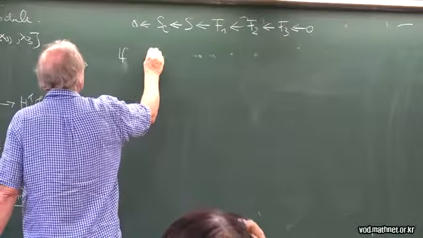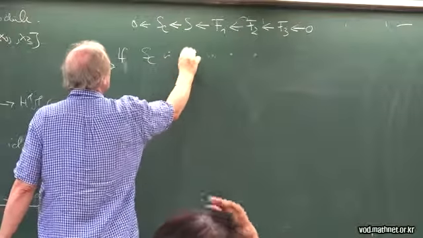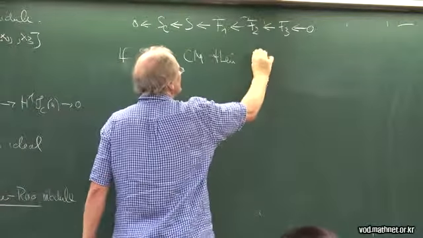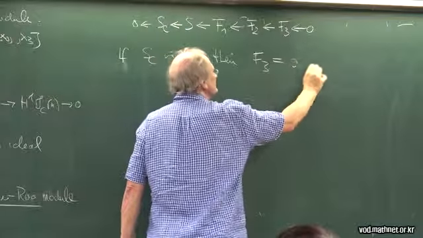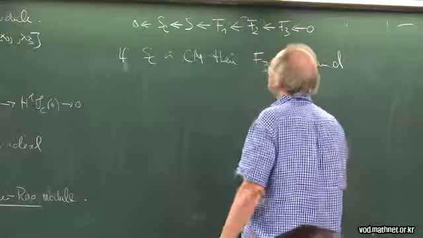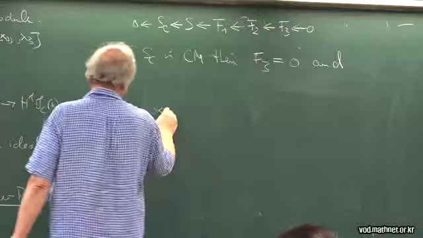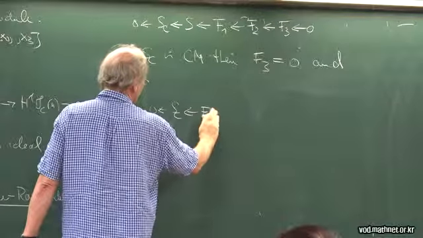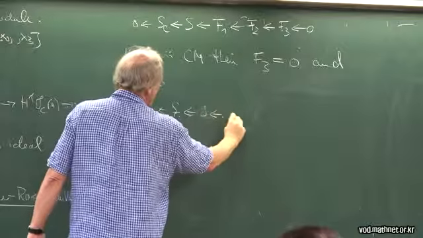If S_C is Cohen-Macaulay, then F3 is equal to 0, and the complex F1, F2.